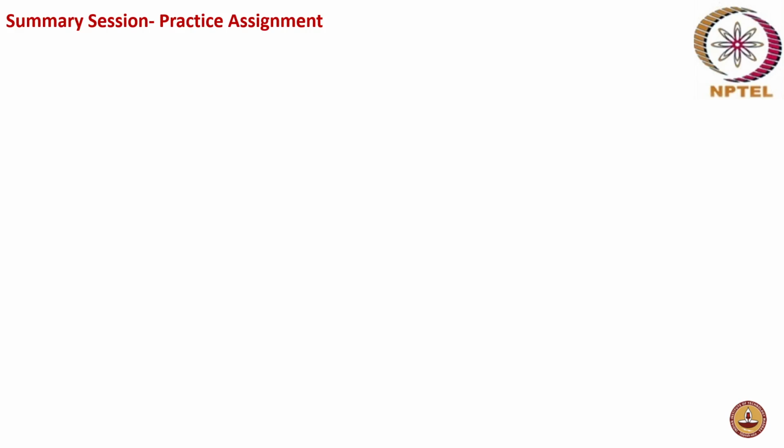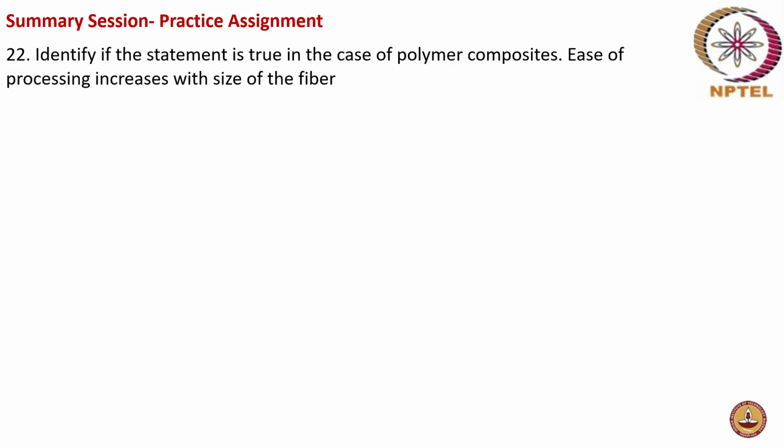Okay, now let's proceed to the next question. Identify if the statement is true in the case of polymer composites. Ease of processing increases with the size of fiber. As fiber length is higher, the processing of this polymer composite will be easier. Is it true? False. Yes, both of you are right.